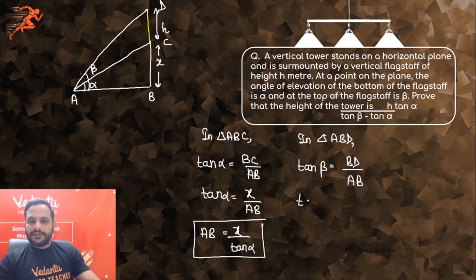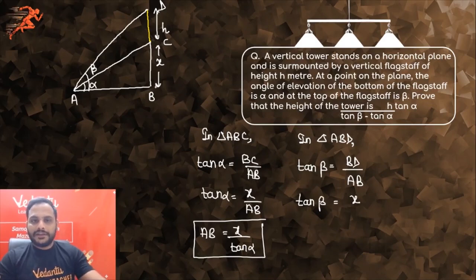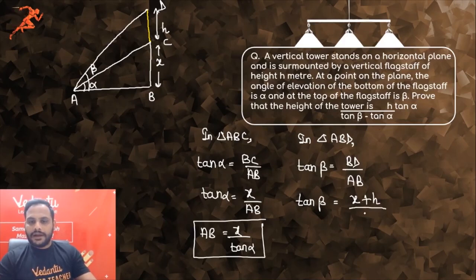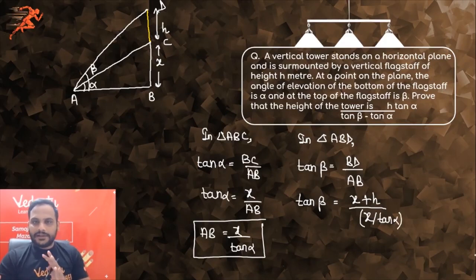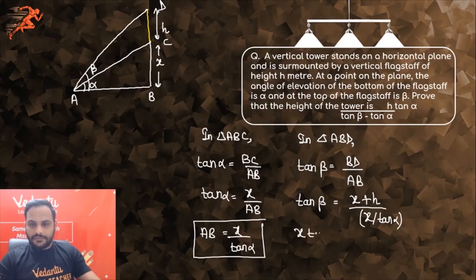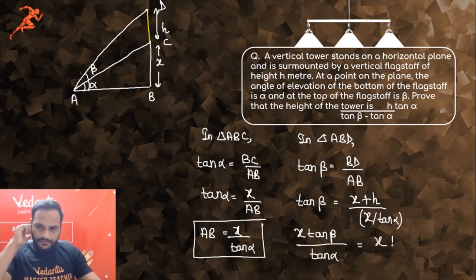So tan beta will be equal to BD, which is x plus h, upon AB, and AB is x upon tan alpha. So the denominator is x upon tan alpha. Let's shift x upon tan alpha over there. So you'll get x tan beta upon tan alpha is equal to x plus h.